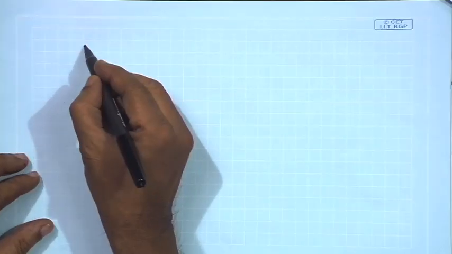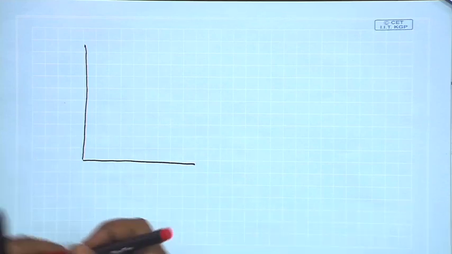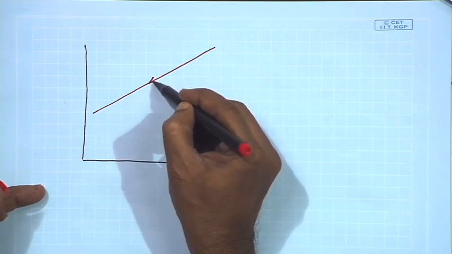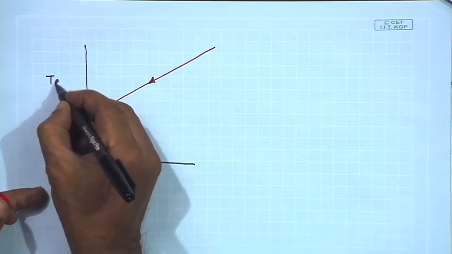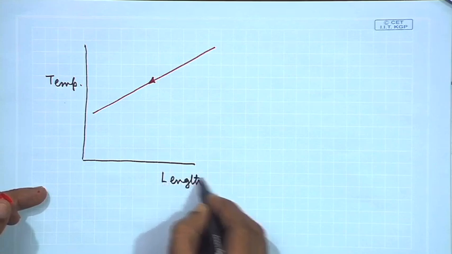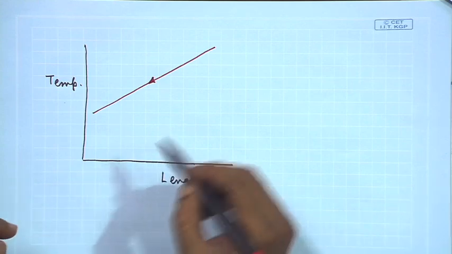See, I have shown this idealized diagram, if you recall, that this is the way hot gas is losing its temperature. This side is your temperature, and let us say this side is the length of the HRSG.